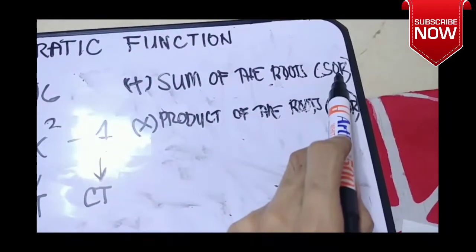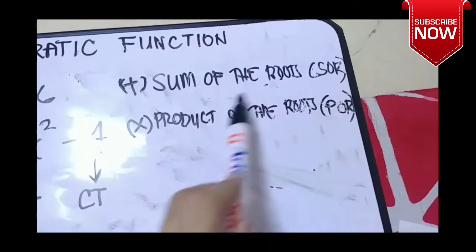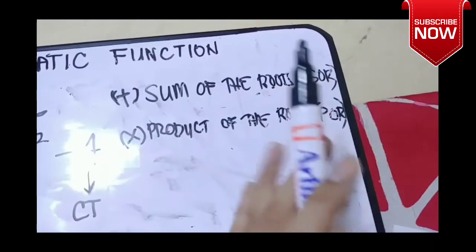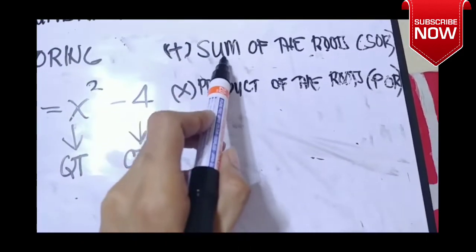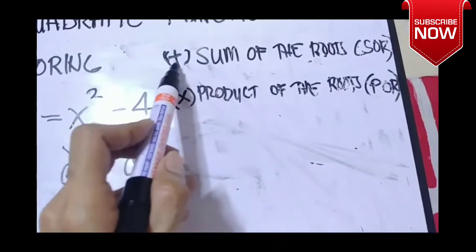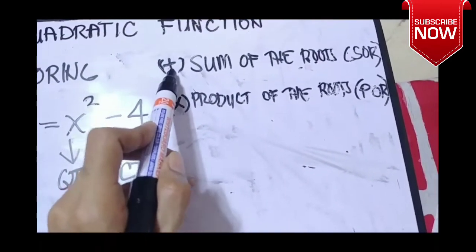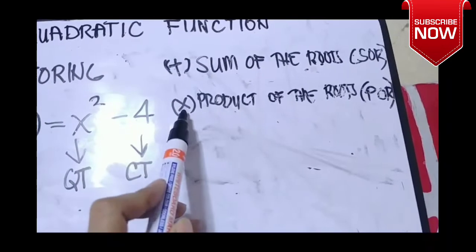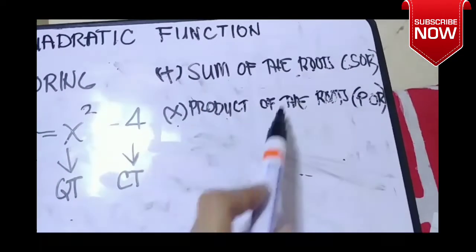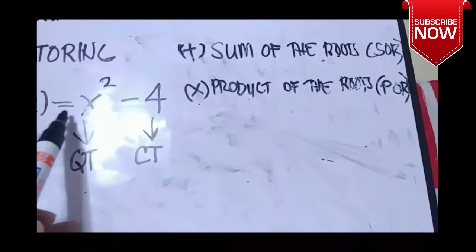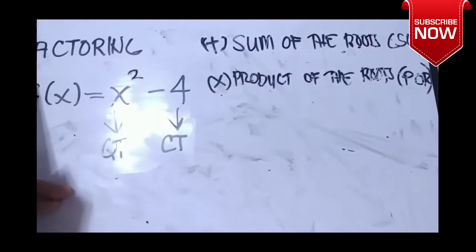So, nilagyan ko ng acronym, sum of the roots SOR and product of the roots POR para mas madaling ma-familiarize. Okay. So, from the word itself, sum, ang operation ay plus or positive, and product, ang operation ay times or multiplication. Anong kinalaman ni SOR at POR sa quadratic equation when it comes to factoring?